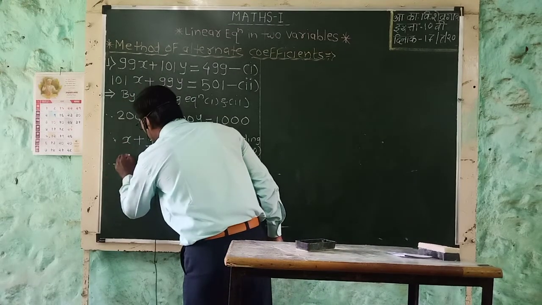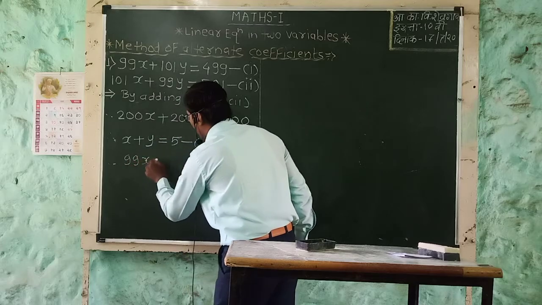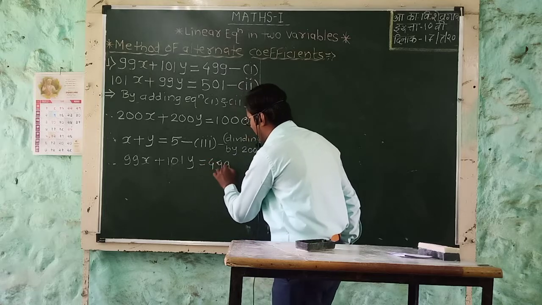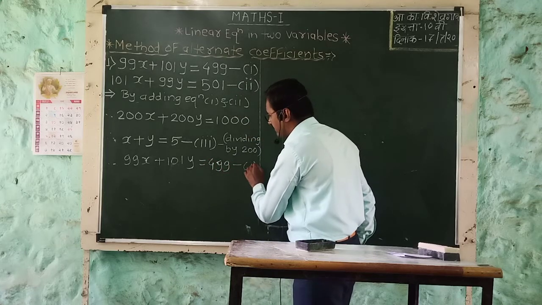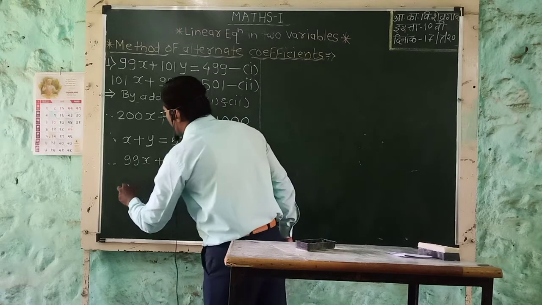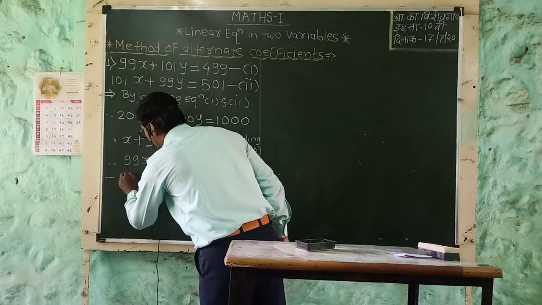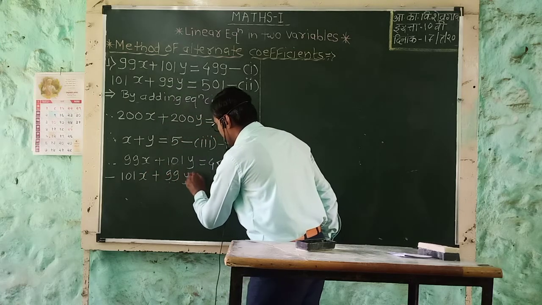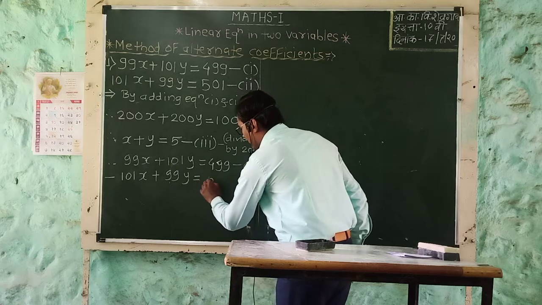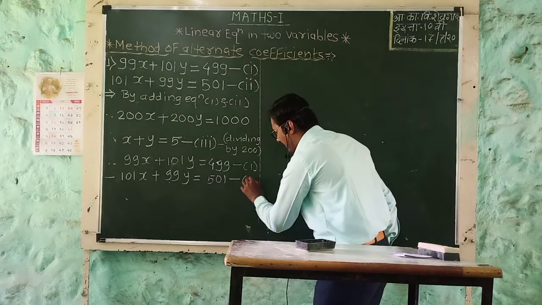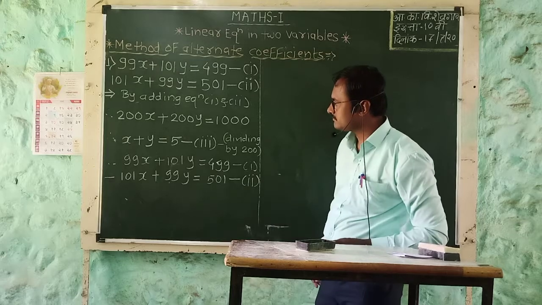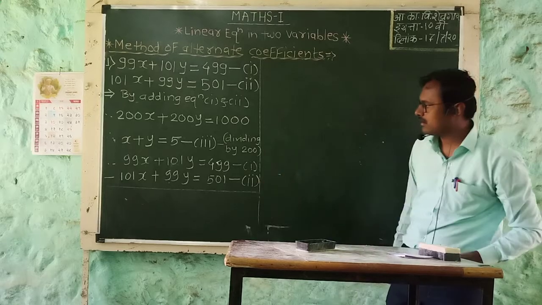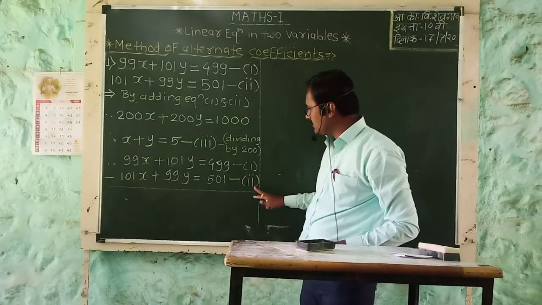I am writing the equations again: 99x plus 101y is equal to 499, subtracting 101x plus 99y is equal to 501. Subtracting equation 2 from equation 1.